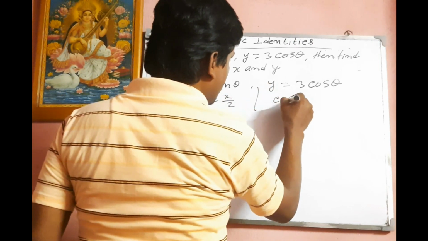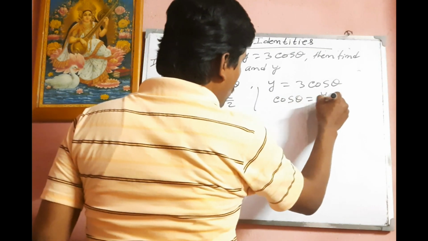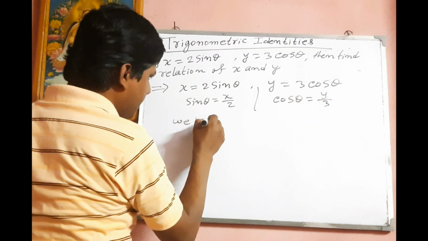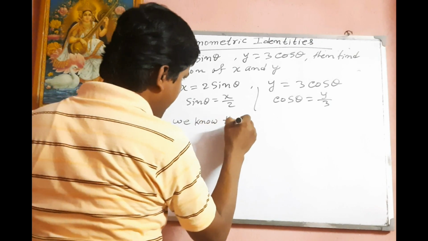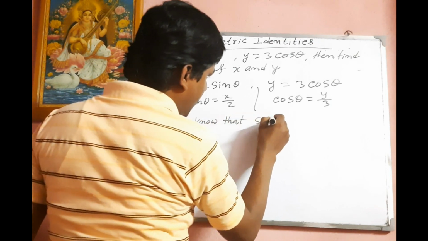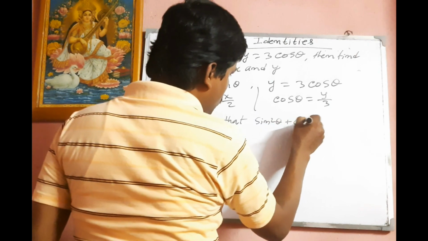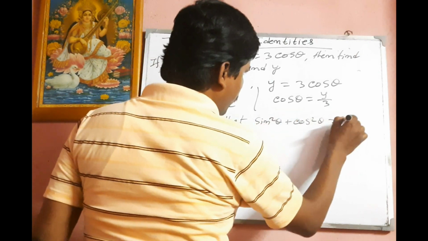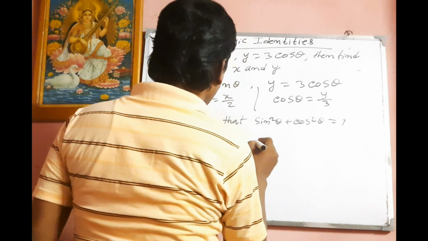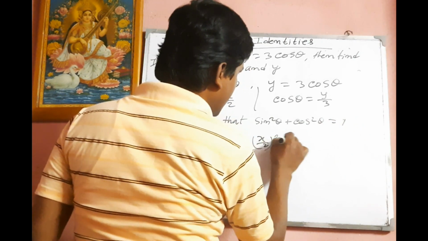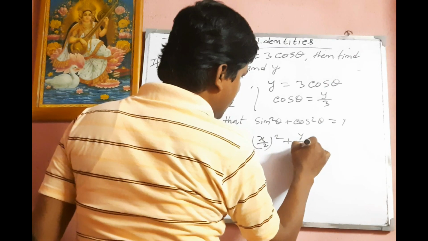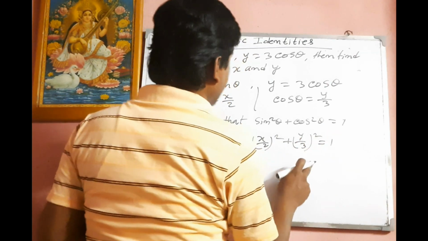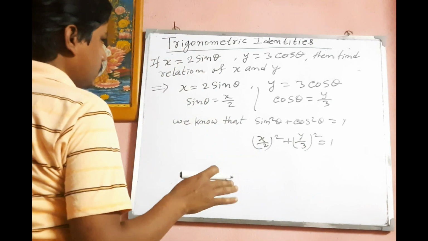Similarly, cos theta is equal to y by 3. We know that sin square theta plus cos square theta is equal to 1. So putting the values, we get this. This is the relation of x and y.